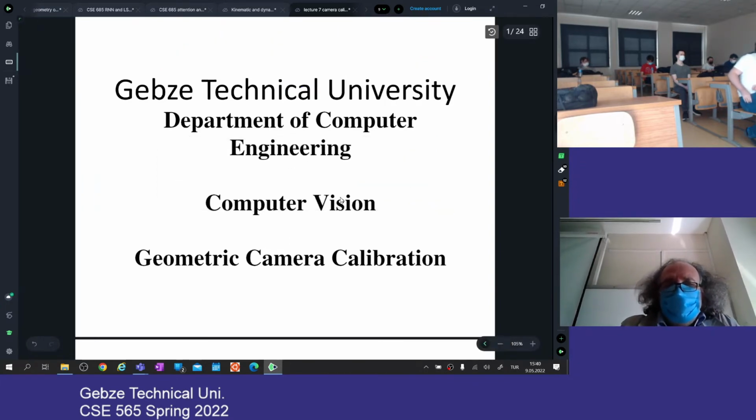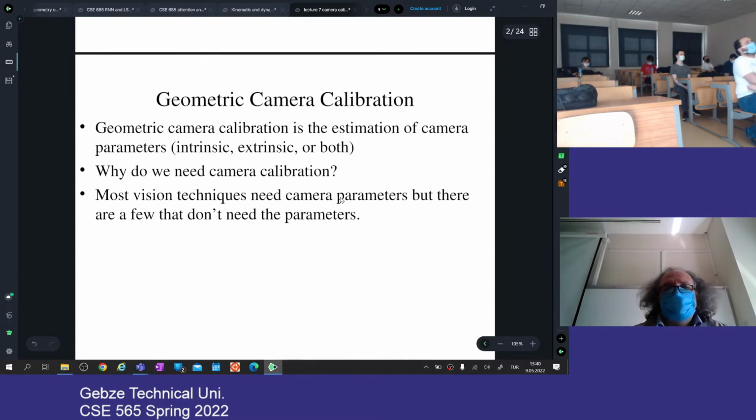Anyway, okay, good. So camera calibration is the estimation of the camera parameters, intrinsic, extrinsic, and both. Sometimes I can say that I am going to give you the intrinsic parameters of a camera. Find me the extrinsic ones. That's a very valuable tool actually.